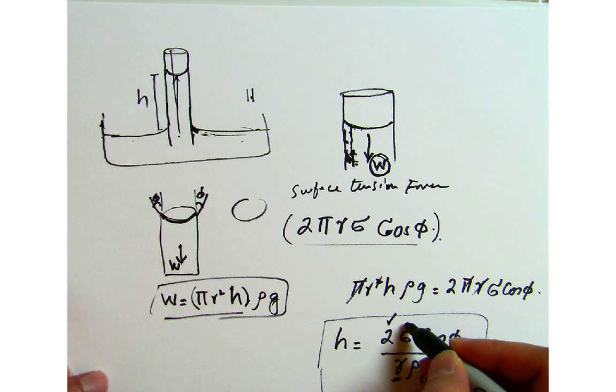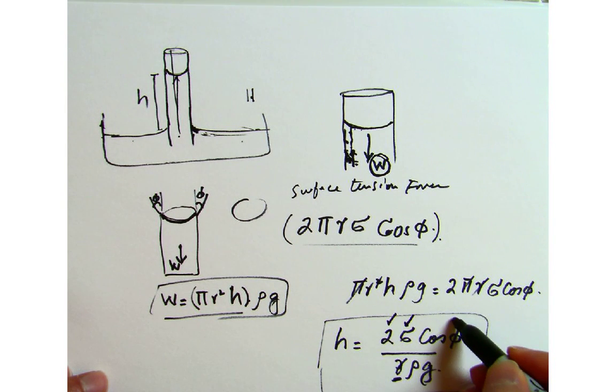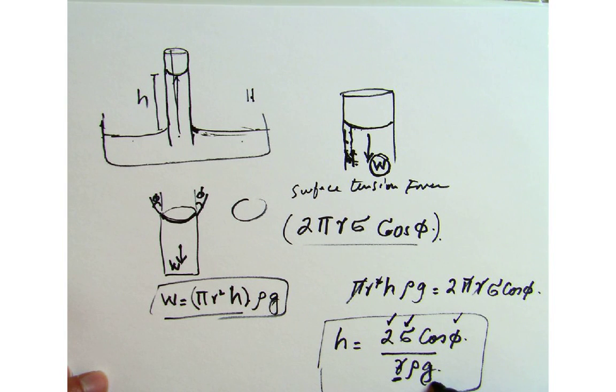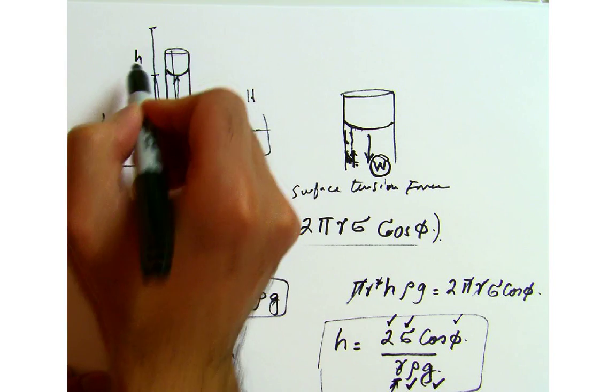This sigma, which is the surface tension force at a certain temperature, is also constant. The contact angle is a constant between a fluid and a material. Acceleration due to gravity is constant. The density of the fluid is constant. So the only thing that changes the height of that fluid column is this r, which is the radius of the tube. So the smaller the tube you make, the higher the fluid rise would be inside the tube.